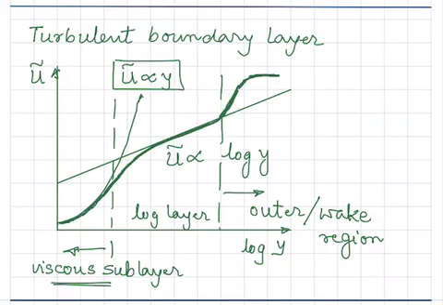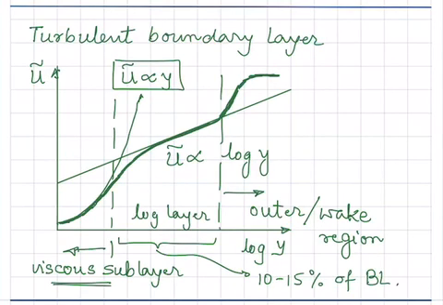Now it turns out that this log layer, although it looks fairly large on the scale, being a logarithmic scale, is only about 10 to 15% of the boundary layer thickness.